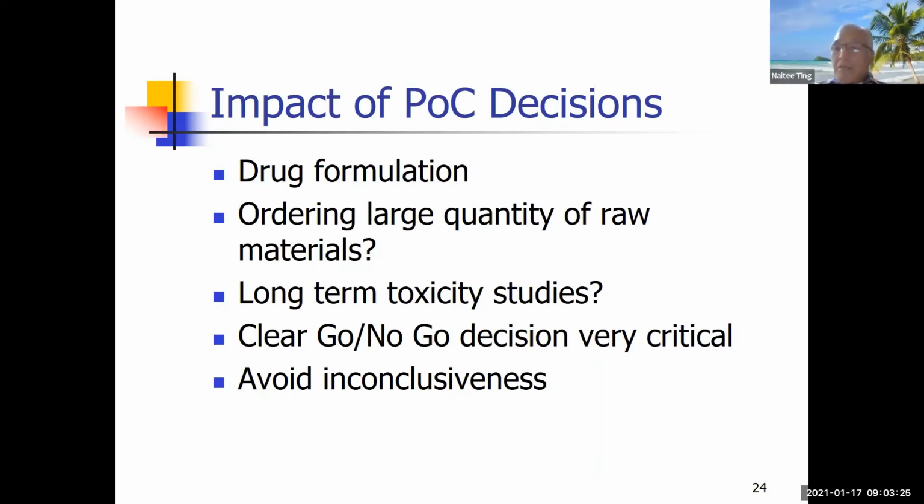But before POC, you don't have to do that, because the drug may never move beyond phase 2. Or if you do that, it's a waste of effort and money. But once the concept is proven, that means the company is determined and the project team will move forward into phase 3 development, then you had better have sufficient clinical supply there.